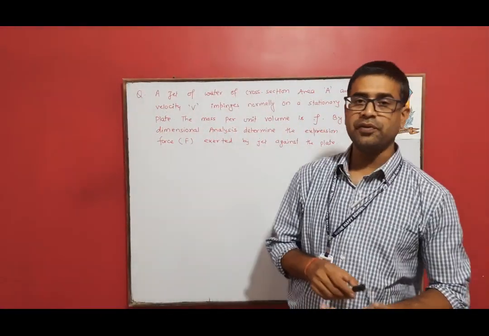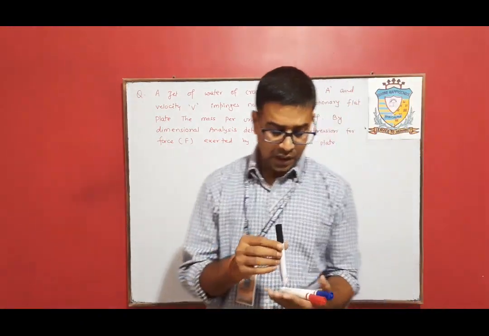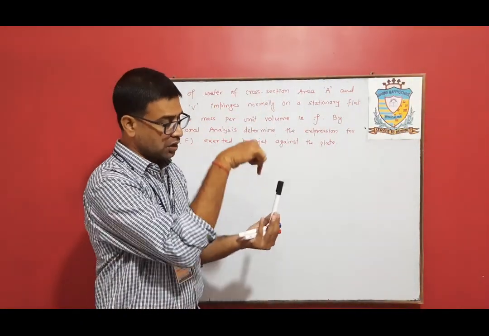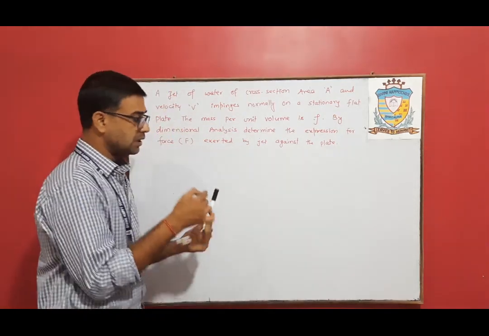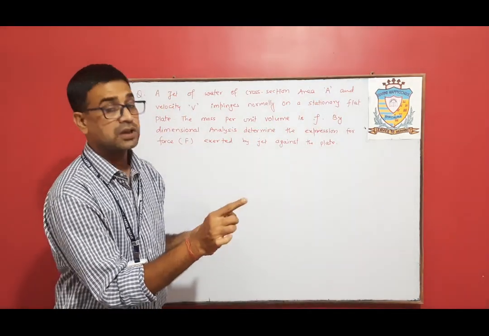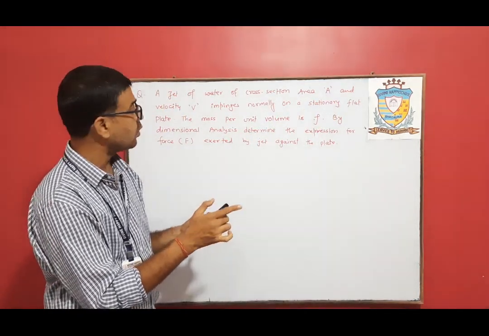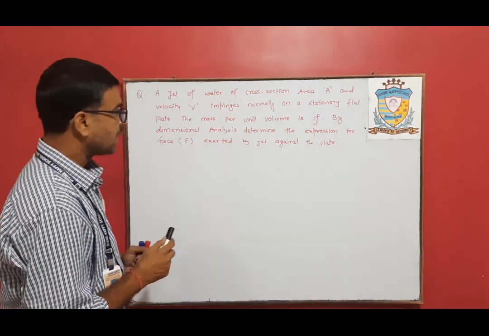As we know from Newton's third law, the force exerted by water means action is equal to reaction. So we find on which terms this force depends: the area of cross section, the velocity with which water gets out, and the mass per unit volume of the liquid.